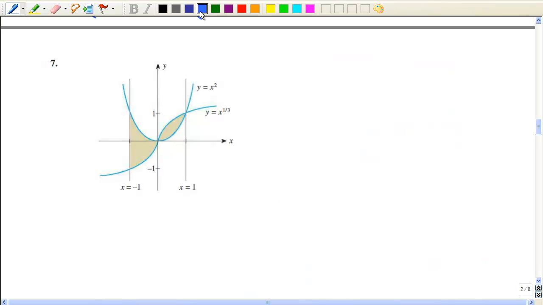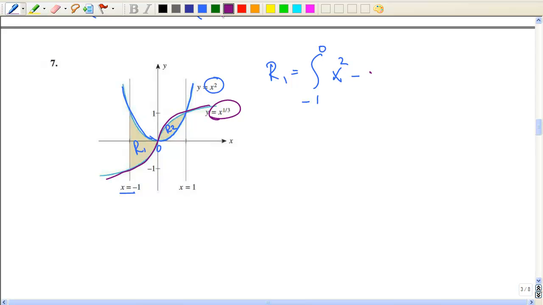On this one, again, we've got some curves happening. This is not symmetrical, so I believe we're going to have to do this in 2 separate steps. So let's look at region 1. It goes from negative 1 to 0. We've got this upper curve here. Let's see, which one is that upper curve? That's that x squared minus this curve, which is x to the 1/3 power.